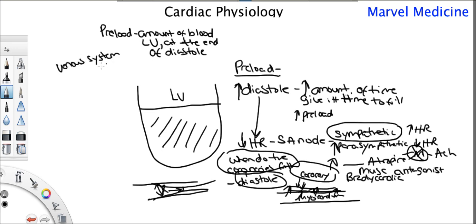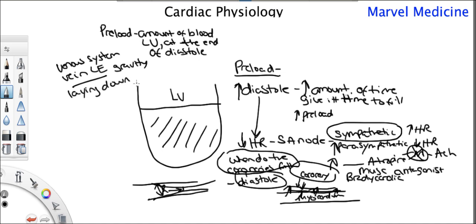Okay, and a lot of blood is pooled where? In your veins, in your lower extremities, right? Okay, and if it's pooled all down there in the lower extremities and it stays down there because of gravity, what can help it come up? By laying down, right?